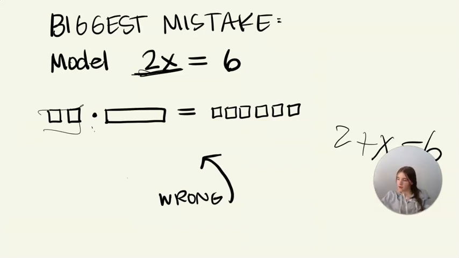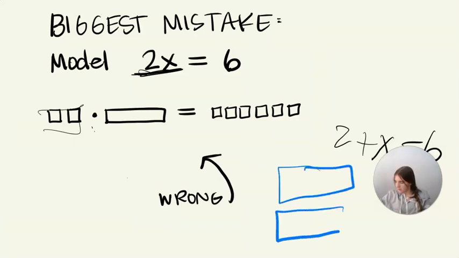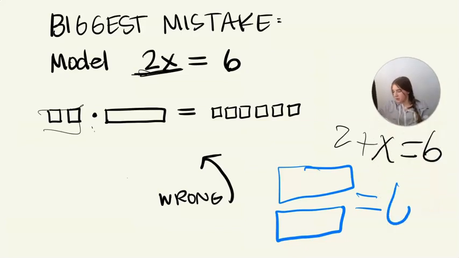This is how we're going to redraw it. We're going to do 2x equals 6. How do you draw 6?